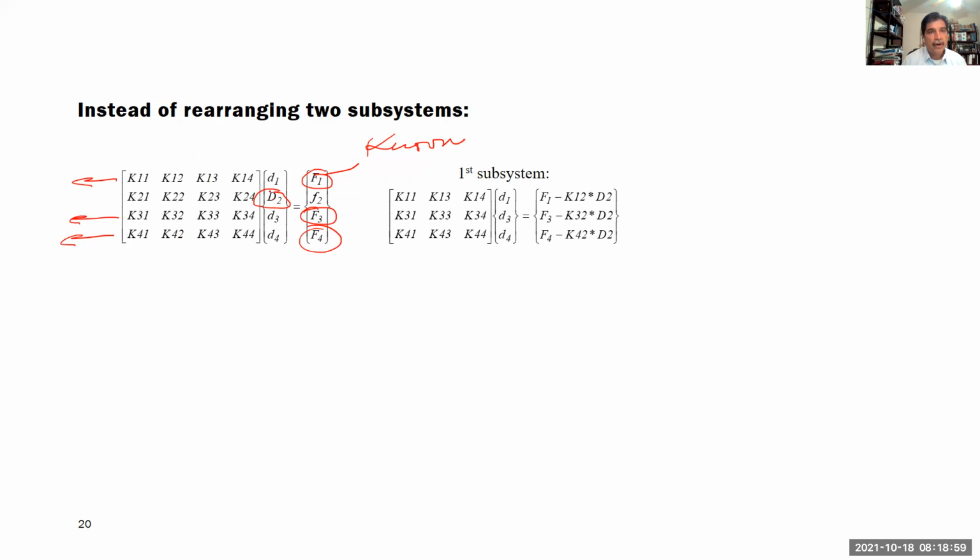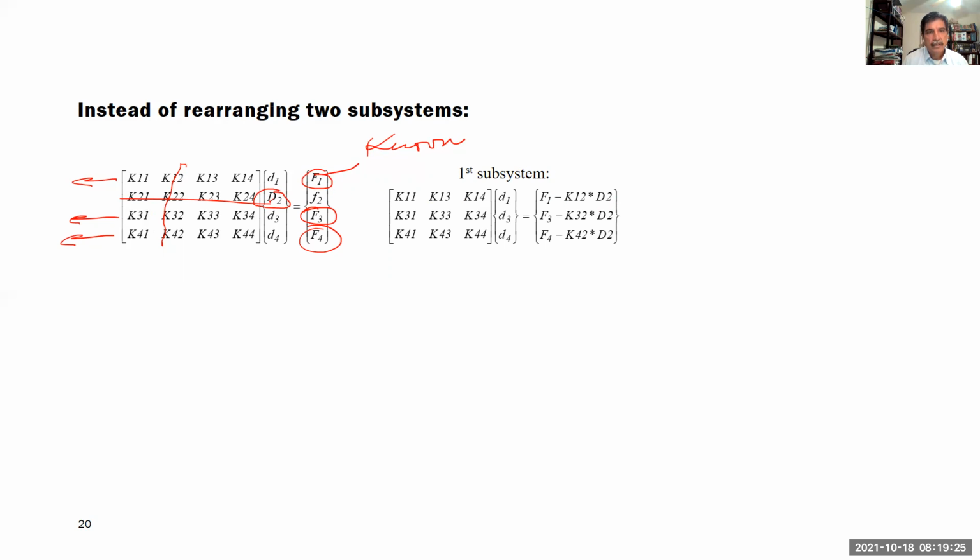So we do all of that, and this is the first subsystem. We cross this out and take the rest of the values here. D2 is something that we know, so we multiply by this, and we have to move it to the right because it's a known term, an independent term. That's what we see here.